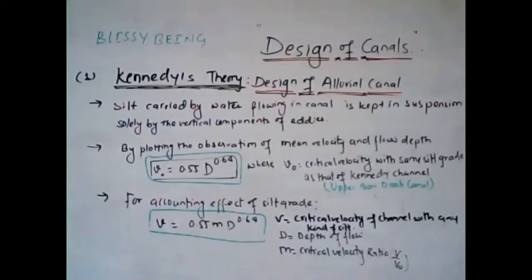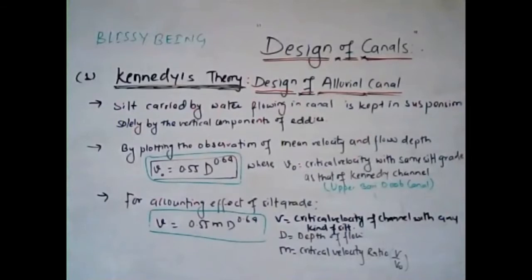So there are different theories for the design of alluvial channel. First theory is the Kennedy theory. Likewise, the second theory is the Lacey's theory, and third is the tractive force theory. So first we'll be dealing with the Kennedy's theory.